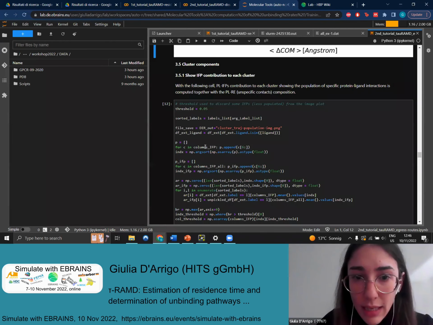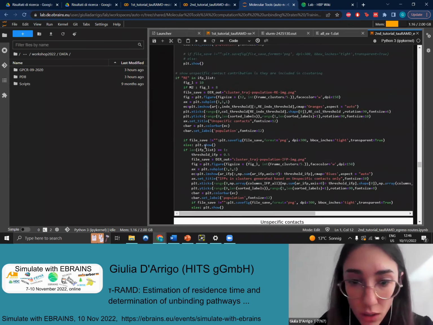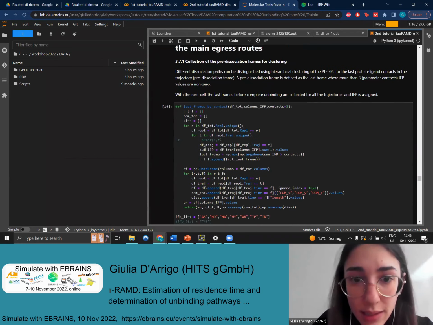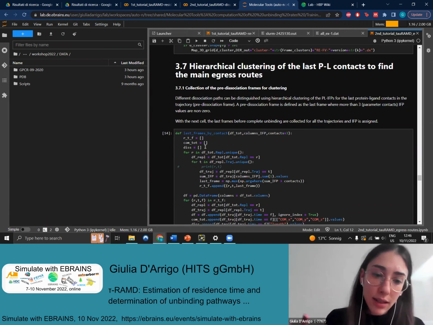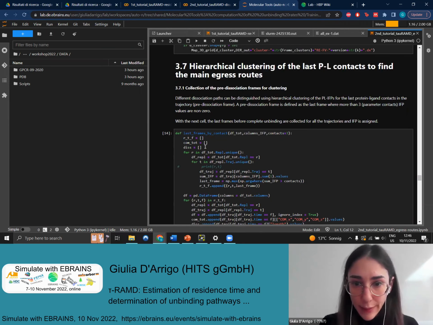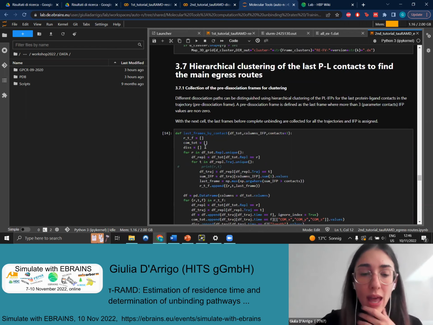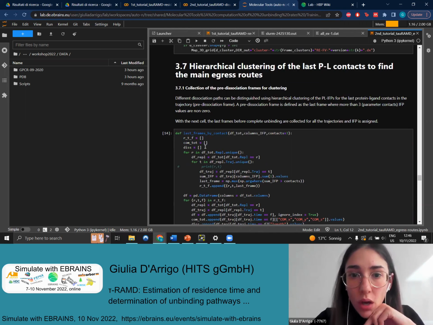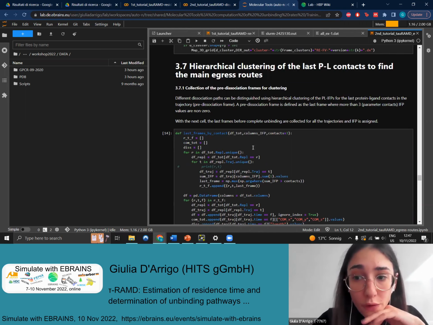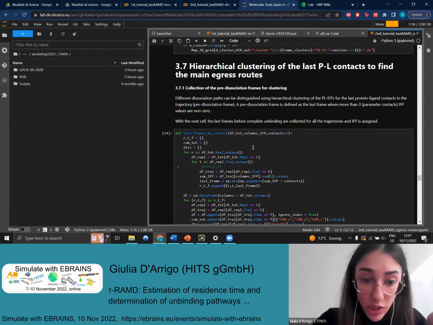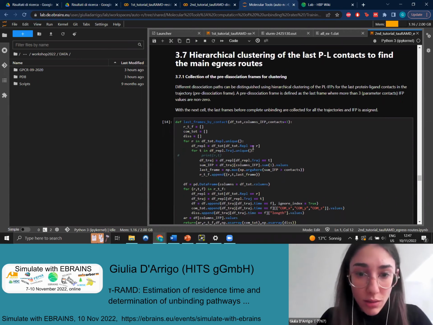And then, with the next cell, okay, this we already discussed. Then we thought about an easier way of determining the main egress pathway. The way we did it was by performing a hierarchical clustering of only the pre-dissociation frames. So how do we define a pre-dissociation frame?